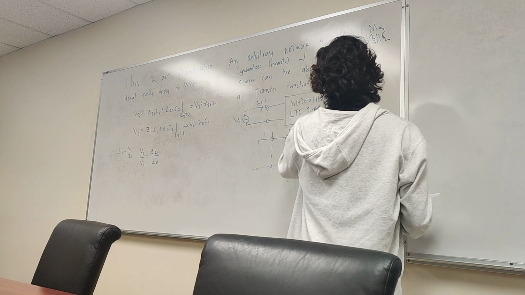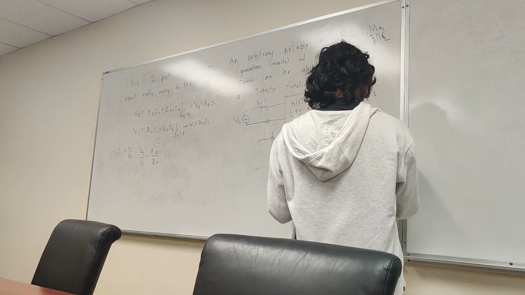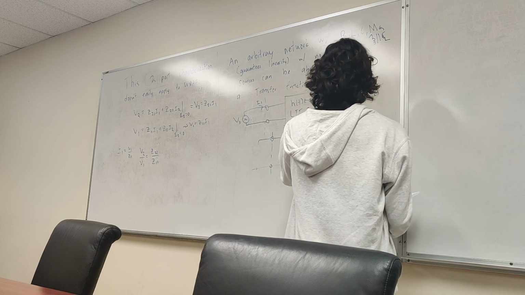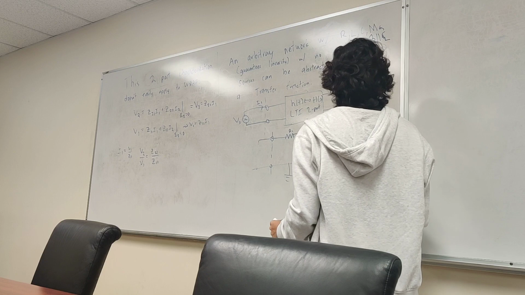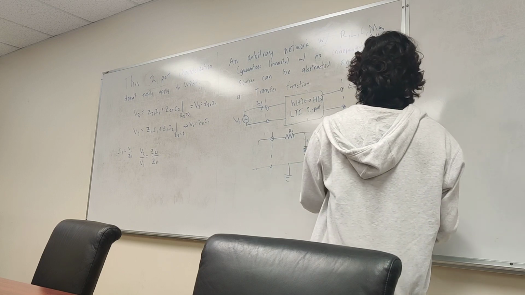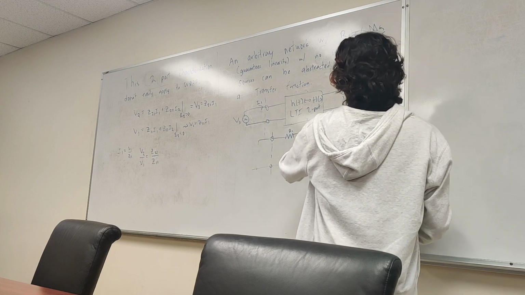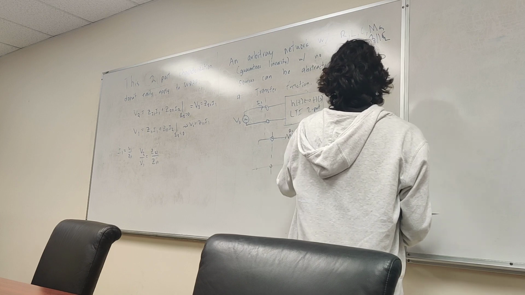There's no current here, right? There's no current over here. So what do we end up seeing? We just see current going like this. So all we see is R2, right? For Z21, we apply a source and see whatever I1 is here. Again, no current there, so just R2.